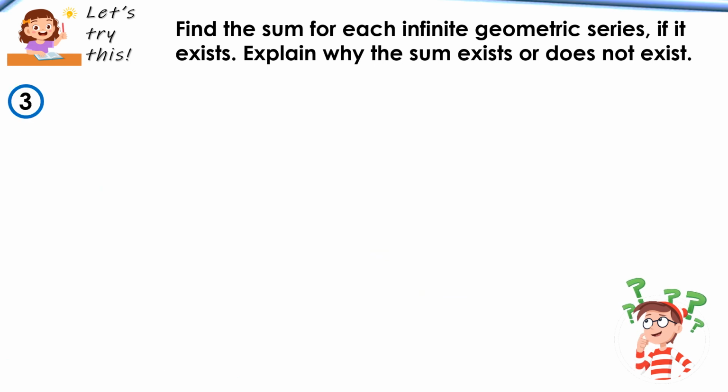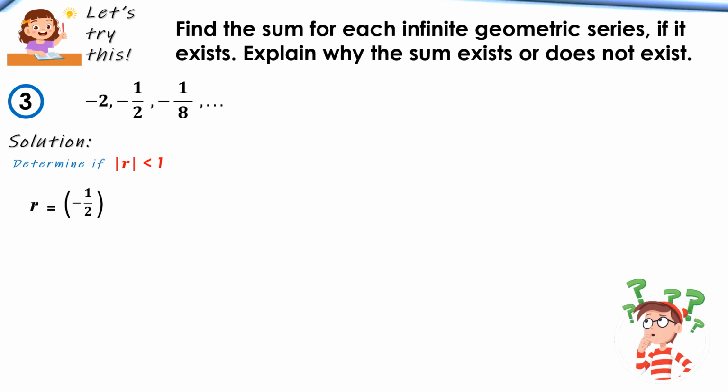Number 3, we have negative 2, negative 1/2, negative 1/8, and so on and so forth. So again, ang ating first step is to determine whether the absolute value of the common ratio is less than positive 1. So ang ating r is equal to negative 1/2 divided by negative 2, and that becomes negative 1/2 divided by negative 2 over 1.